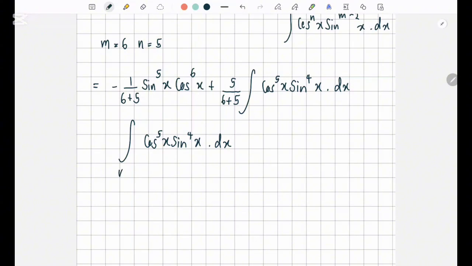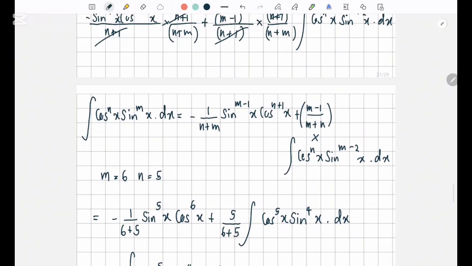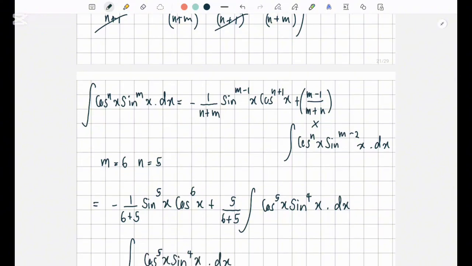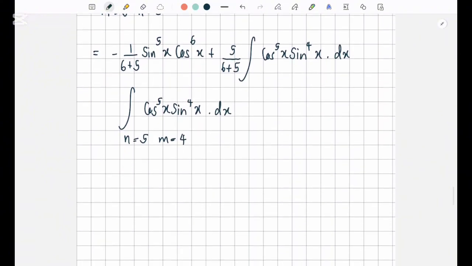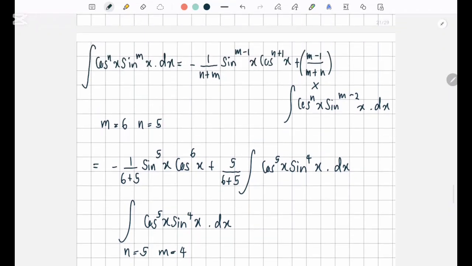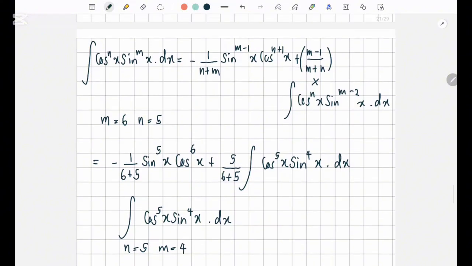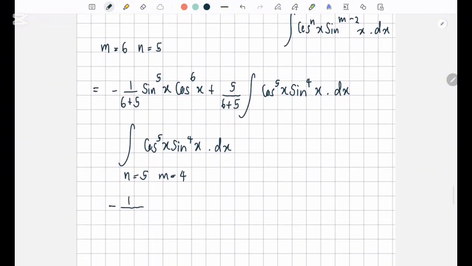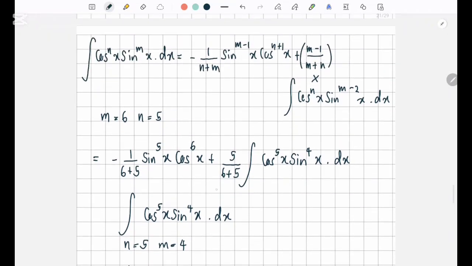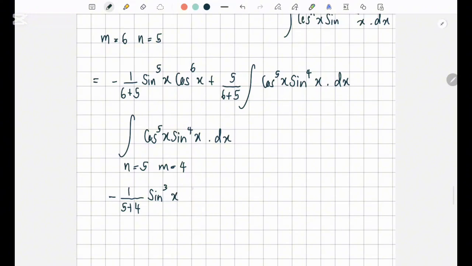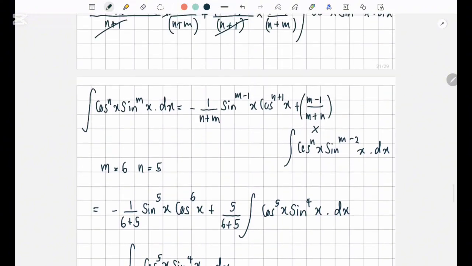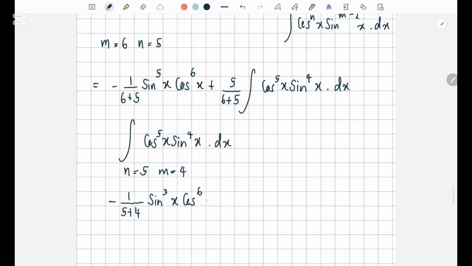We do the same thing again. Now it's n equals 5 and m equals 4, right? Yep. Okay, do the same thing again. Minus 1 over 5 plus 4 sine m minus 1, so that's 3x cos n plus 1, that is 6x.